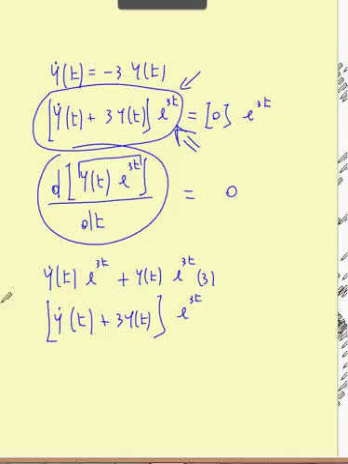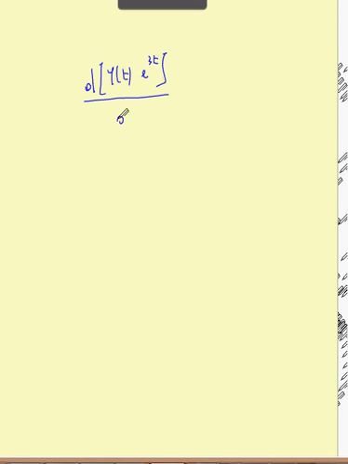Now, our differential equation is the derivative of y of t e to the power of 3t with respect to time equal to 0. And now it's easy to solve this because we can integrate both sides with respect to time: integral and differential dt simplify, integral is the inverse of the differential.